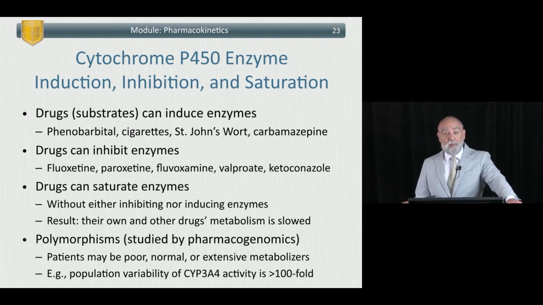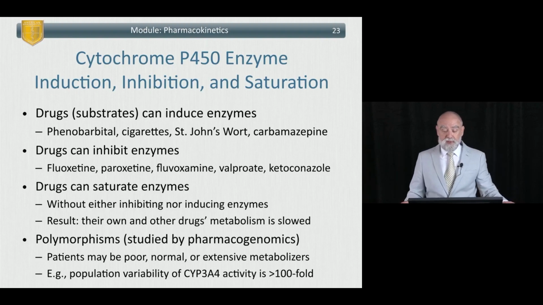So, for example, phenobarbital, cigarette smoke, cannabis smoke are inducers. St. John's wort is an inducer. Carbamazepine is an inducer. 3A4. Drugs can be inhibitors, meaning they inhibit the enzymes. They include fluoxetine, paroxetine, fluvoxamine, valproate, ketoconazole.